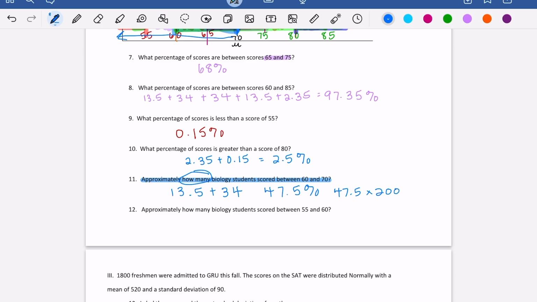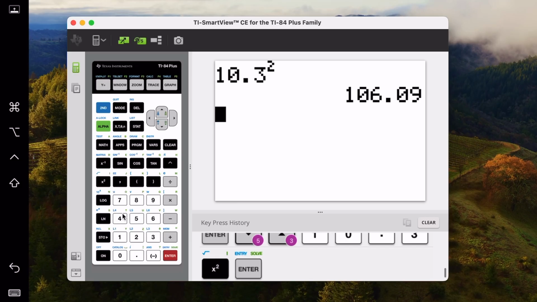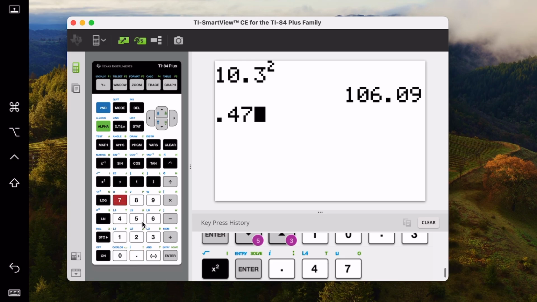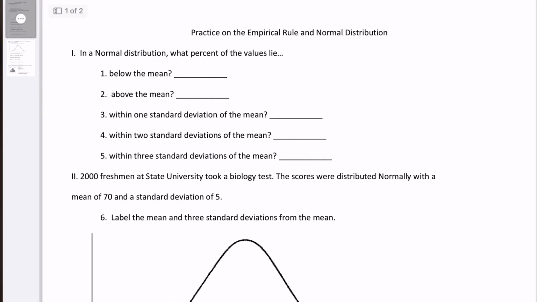Of course, this is 47.5, so I need to change that value. And then 0.475 times 2,000 will give me that value. And approximately 950 students will score in that range.